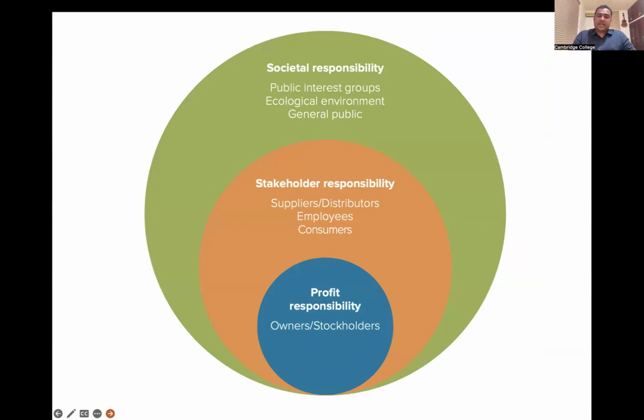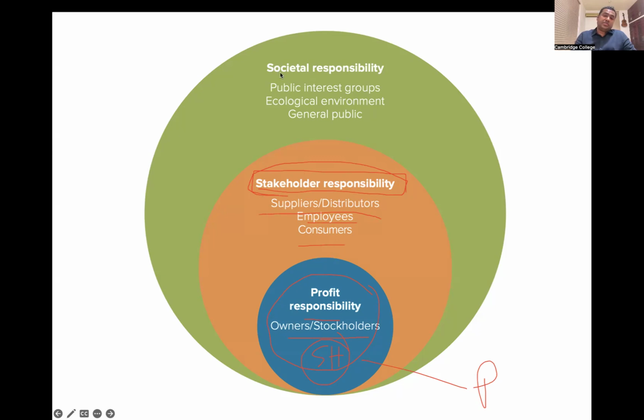And when we talk about the stakeholder concept, we talk about three levels of it. We have the stakeholder responsibility, but before the stakeholder responsibility, you have the stockholder responsibility. That is the shareholder. You need to make sure your business is profitable. So as managers, we need to run the business profitably. Your first responsibility is towards your shareholders. And after you're making good profits, then you have to think about the stakeholder responsibility: your suppliers, distributors, employees, customers.